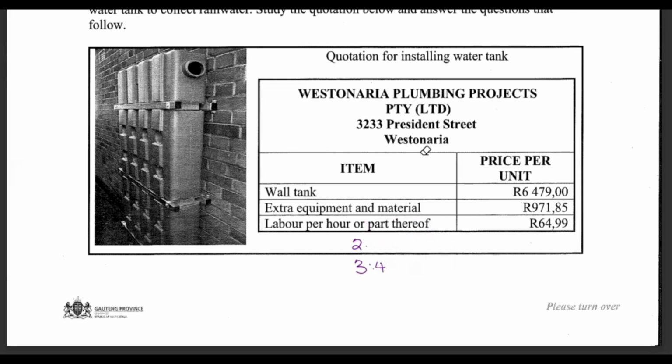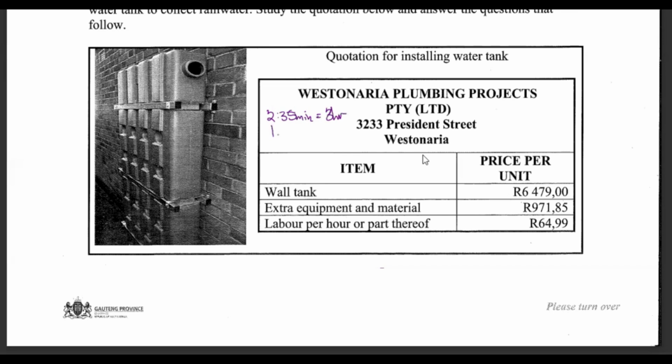Remember, the question states what it will take on the first day. The labor is the one that we need to calculate most here. So we see that on the first day, it says it's going to take 2 hours, 35 minutes. So these are approximately 3 hours.